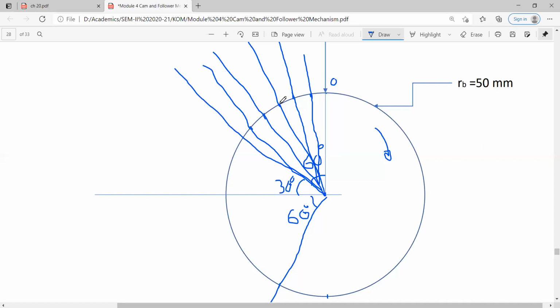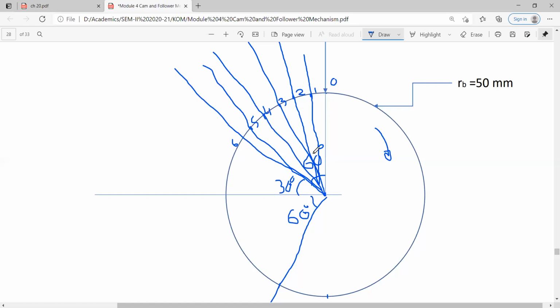Now as you have divided this into different parts, you will number them. So 0 this, it is 1. In the same way as you have numbered on the displacement diagram, you have to number here too. 1, 2, 3. Here it is 4, this one is 5th, and here it is 6th.